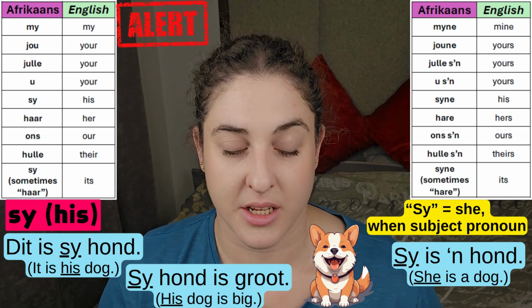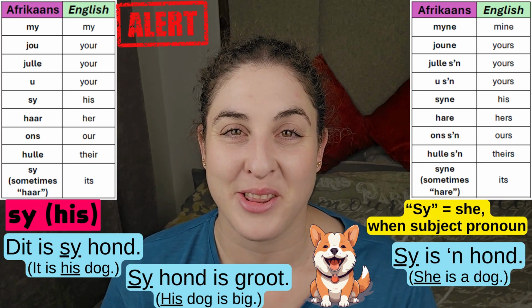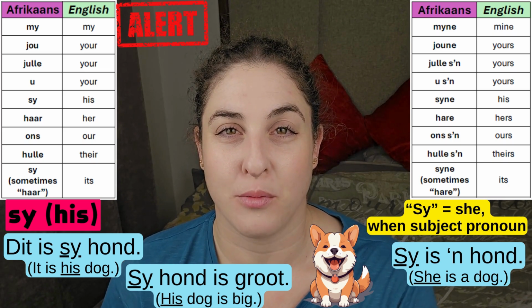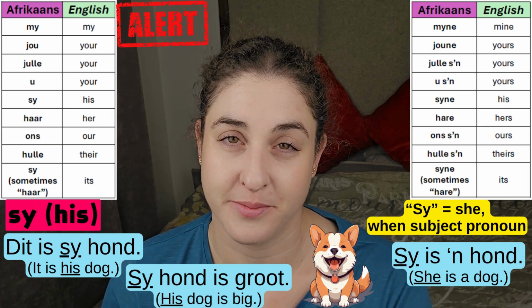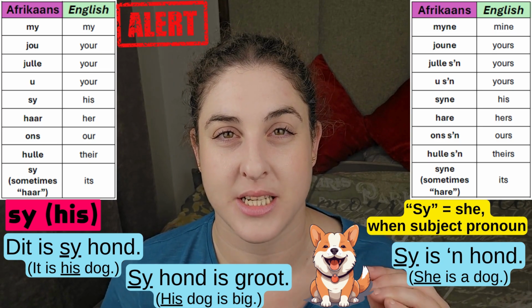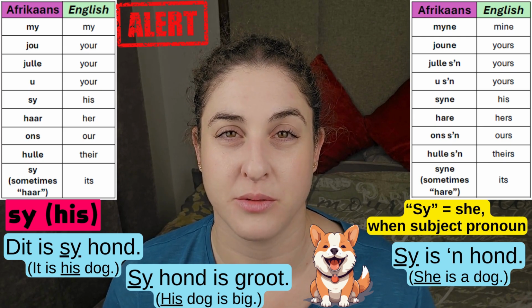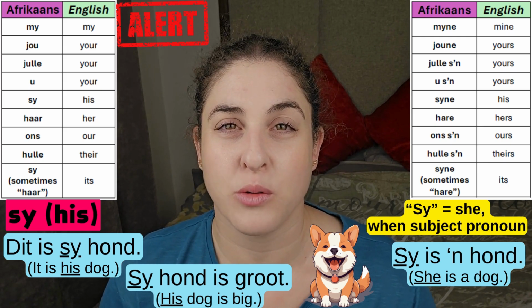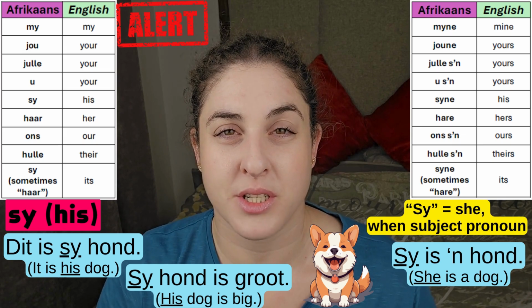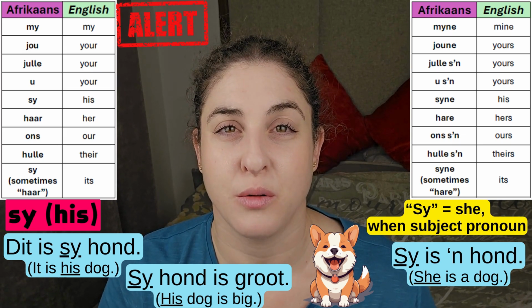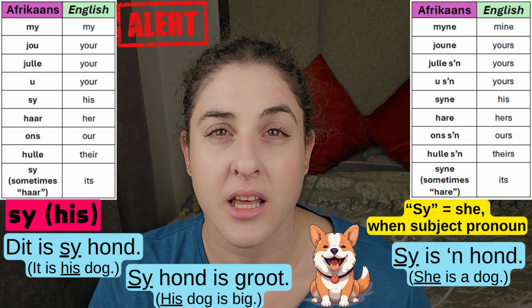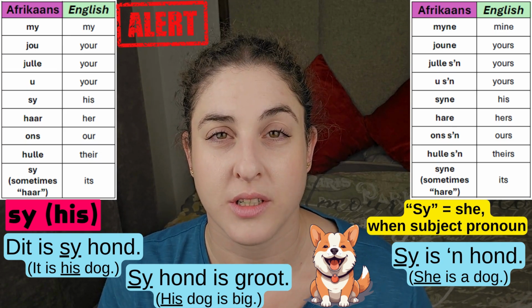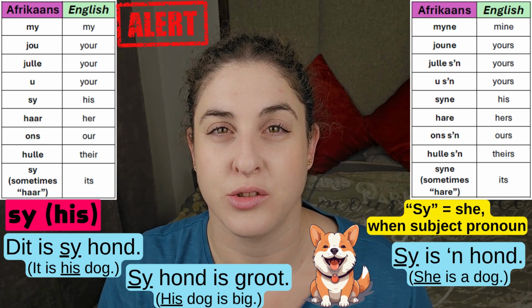Right, so this is the pronoun "sy". Okay, so when the word "sy", and you'll see on the bottom right there is an example, is in the position of the subject pronoun, in other words, "sy is 'n hond." She is a dog.